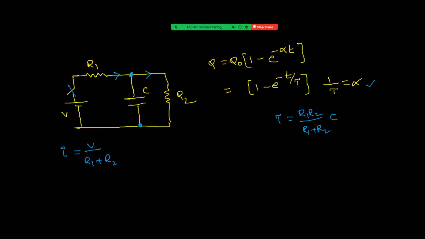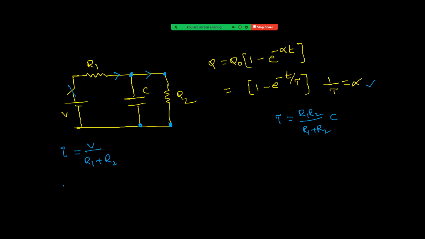Now you can see potential difference across R2 is nothing but across the capacitor because R2 and C, these two are parallel, right? So potential difference across R2 is nothing but potential difference across the capacitor.